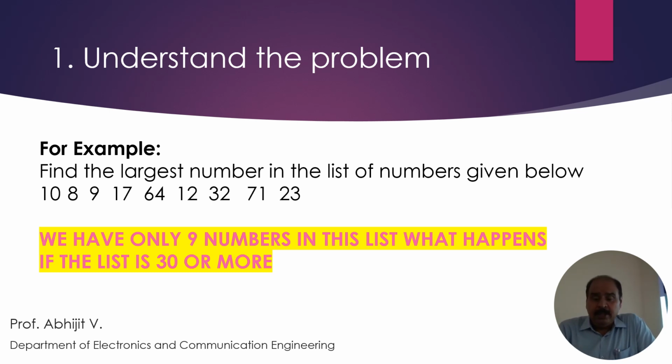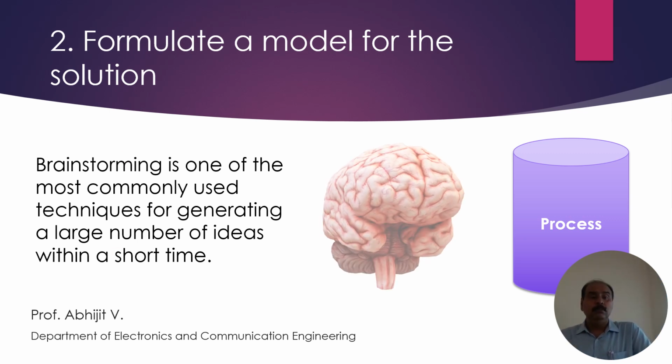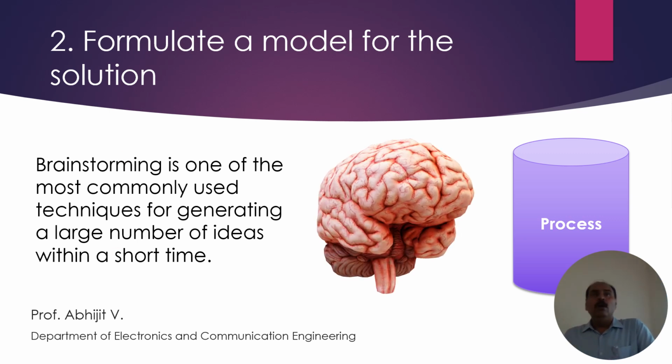Okay, the next step, step 2 in the problem solving process, is to formulate a model for the solution. So we have a brainstorming process here. Brainstorming is the way you are thinking about the problem so that you can have a solution to this problem.